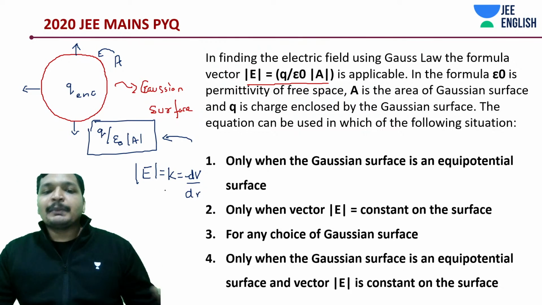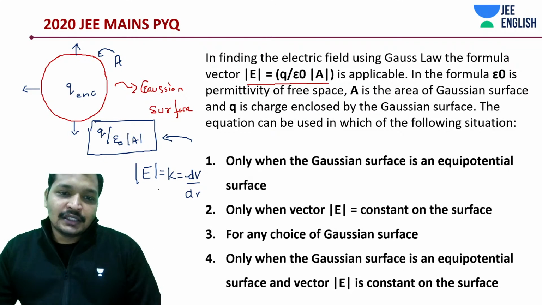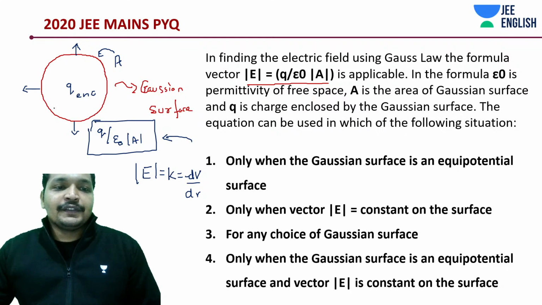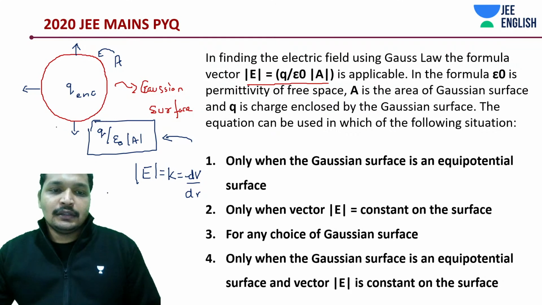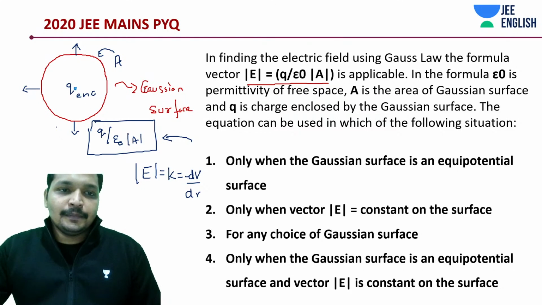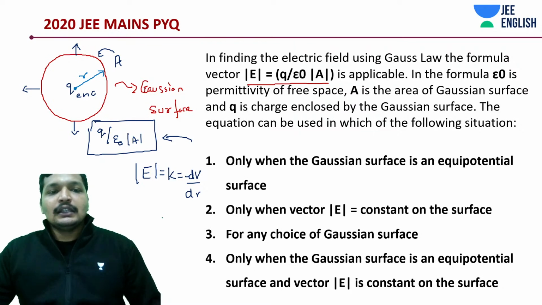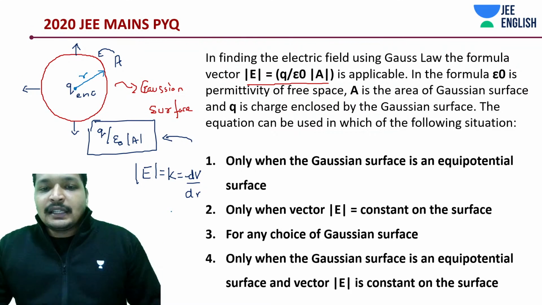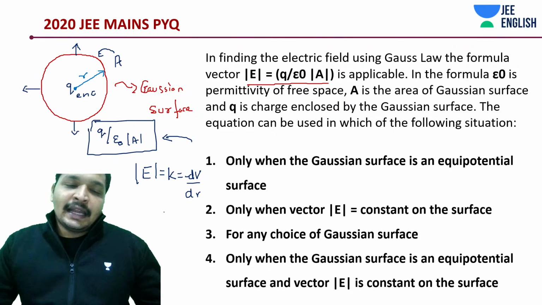That means it's an equipotential surface for the same R. When you're differentiating the potential, it's that equipotential surface. That is when the electric field can be constant.